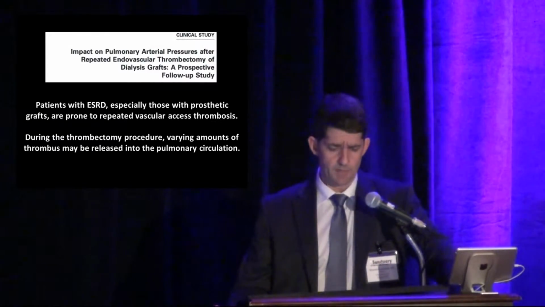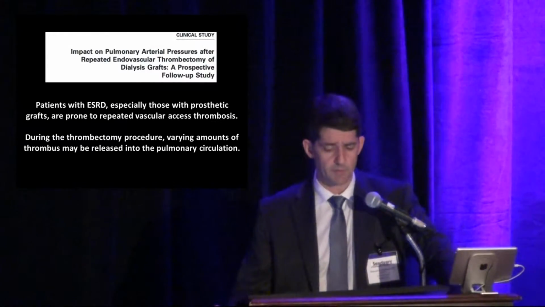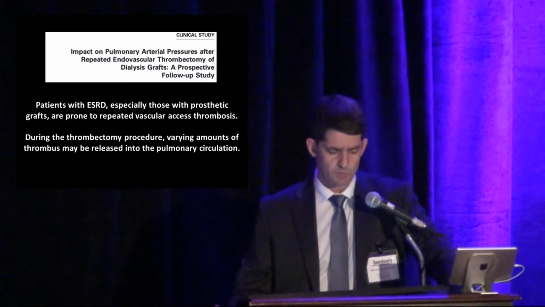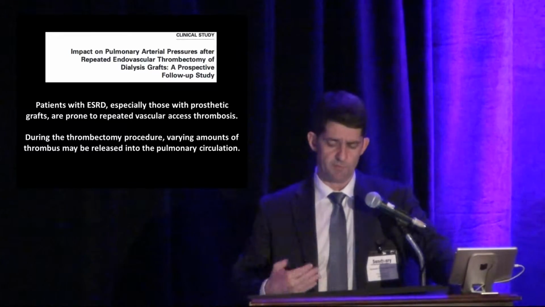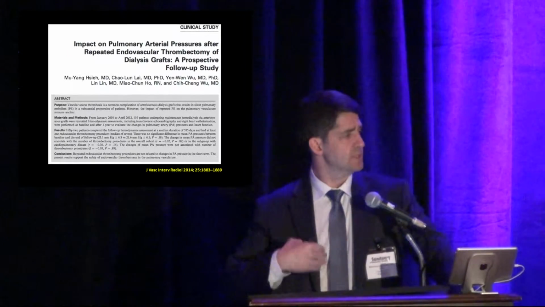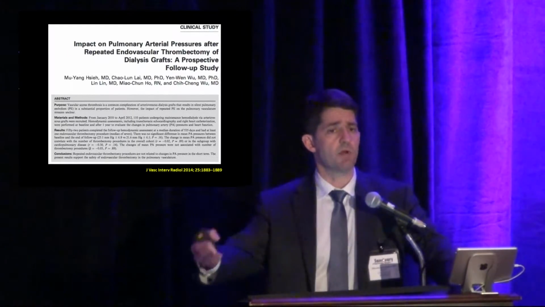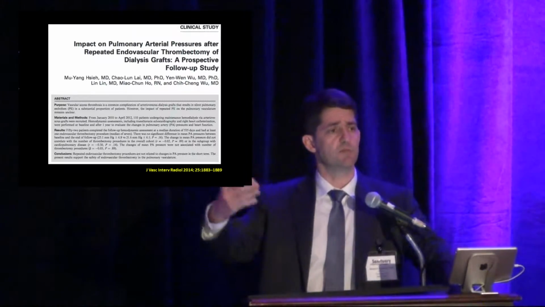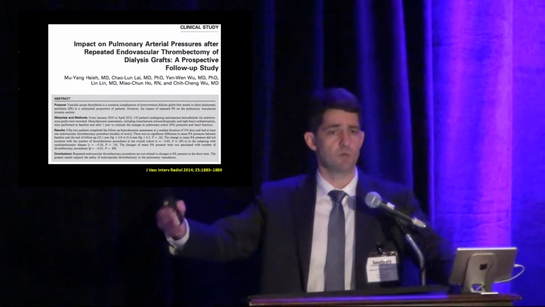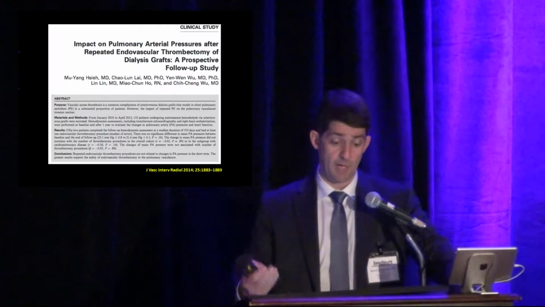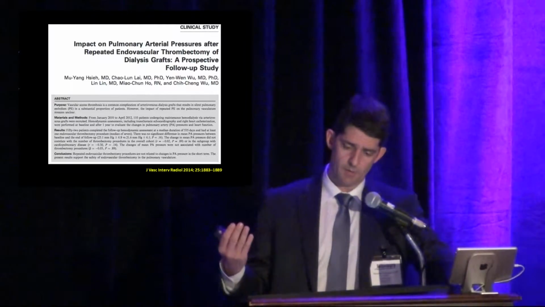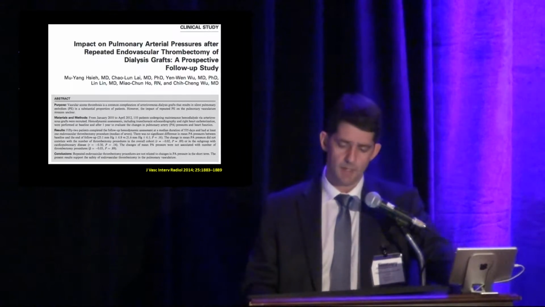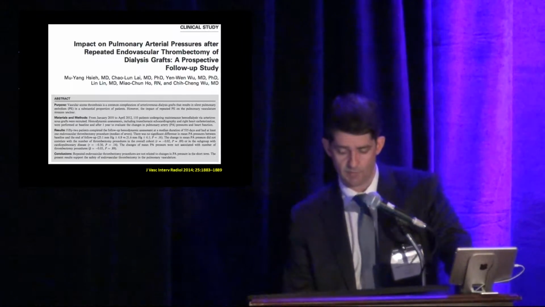The second paper is something we also encounter very frequently in our patients, which is to understand if what we do in terms of multiple angioplasties, thrombectomies, and declots of AV grafts will cause those patients to develop pulmonary hypertension down the road. The name of the paper is Impact on pulmonary arterial pressures after repeated endovascular thrombectomy of dialysis grafts.